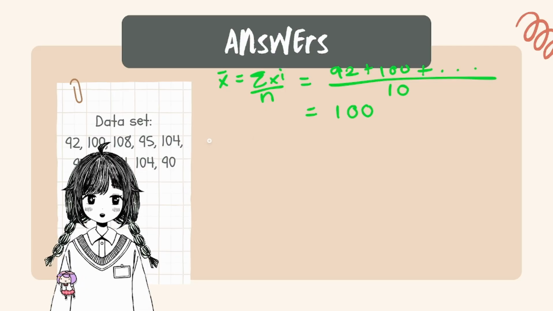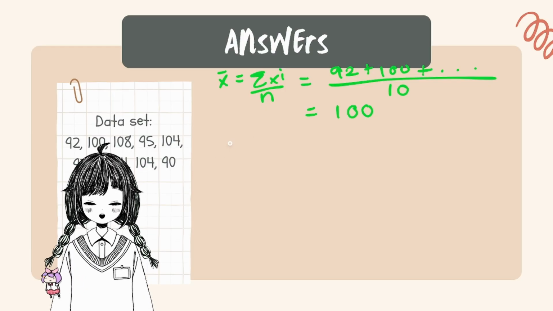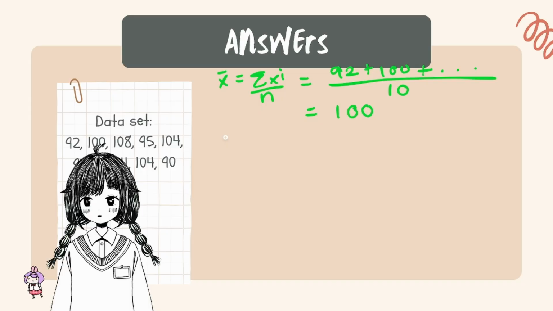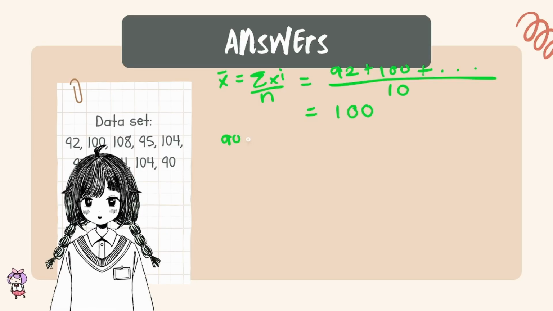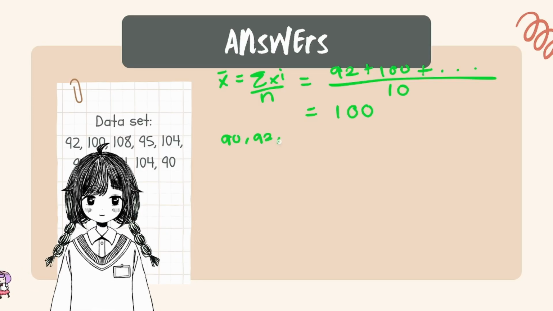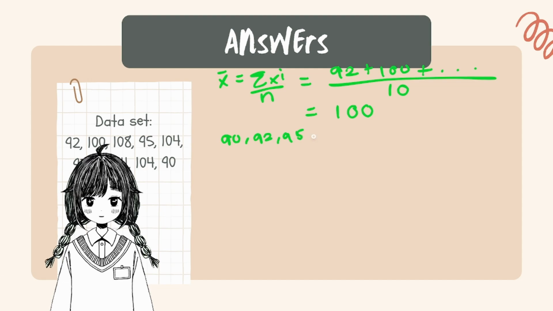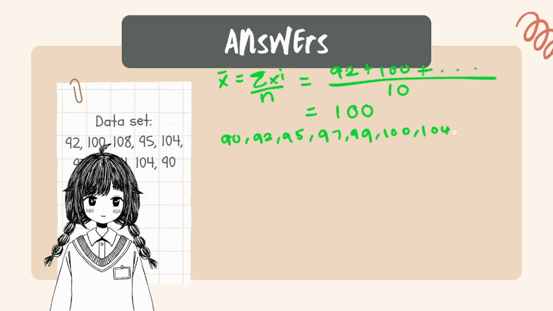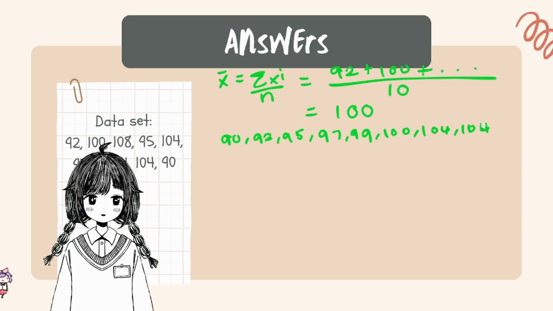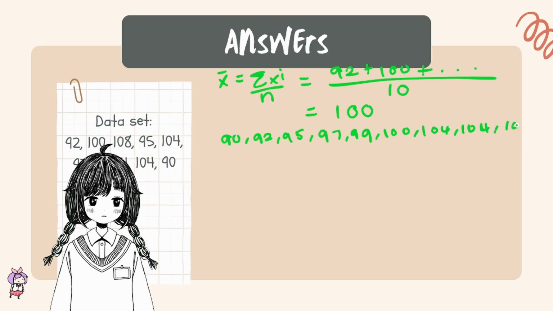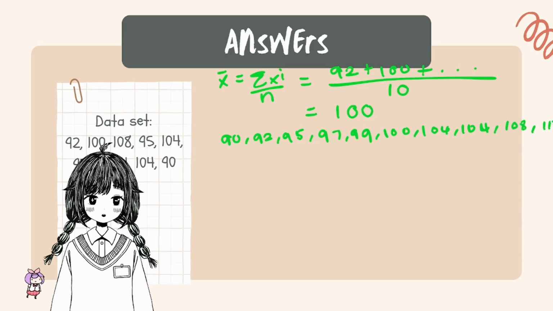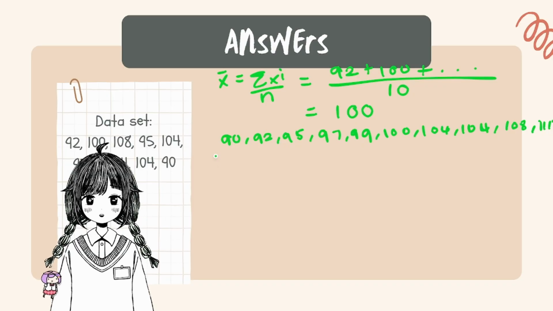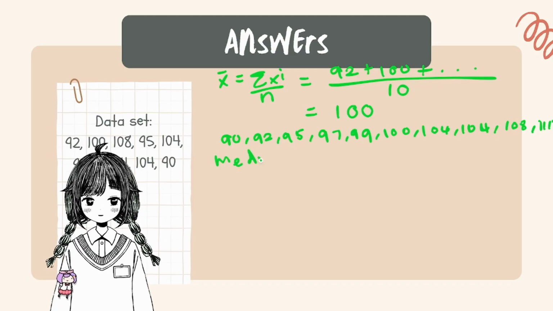Next is the median. We start by arranging the numbers in ascending order, which is 90, 92, 100, and so on.